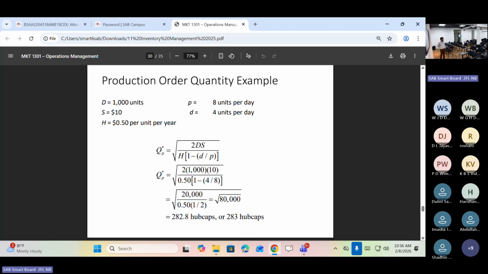Daily consumption, simply D, that is 4 units per day. If you are given such information and asked to calculate the economic production quantity level, I hope you can substitute values to the equation and get an answer. Can you?